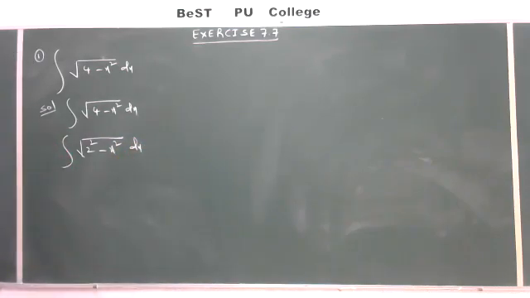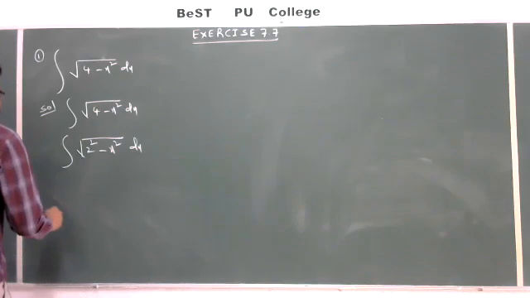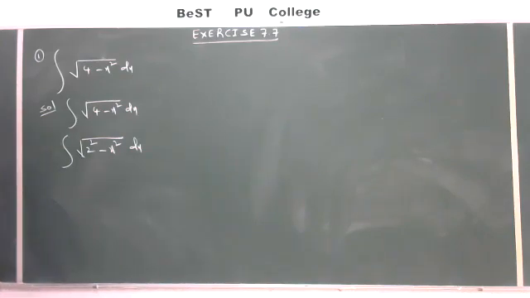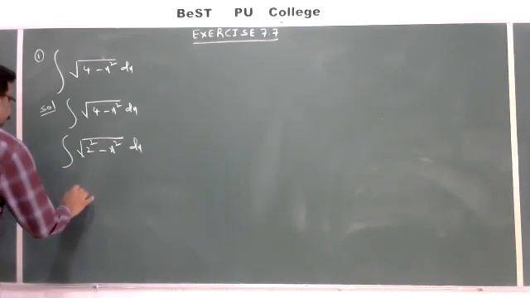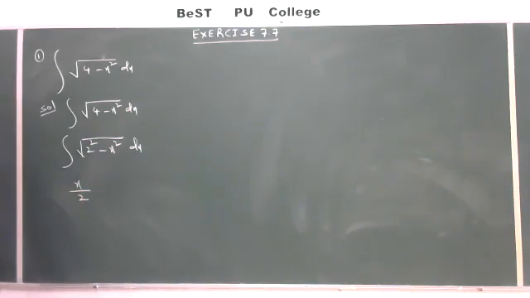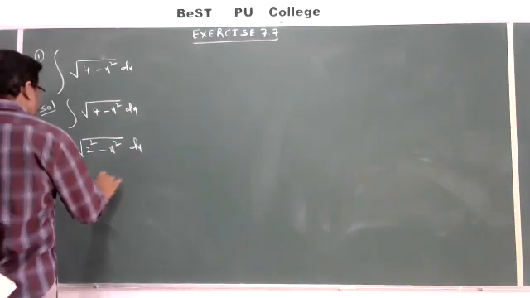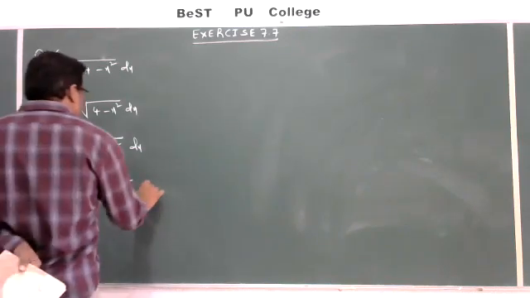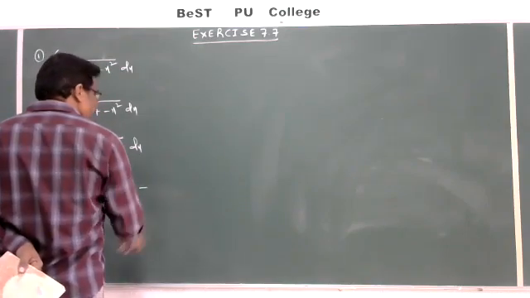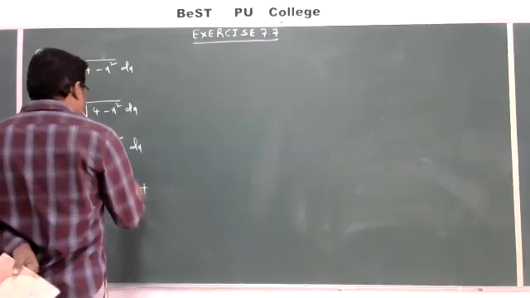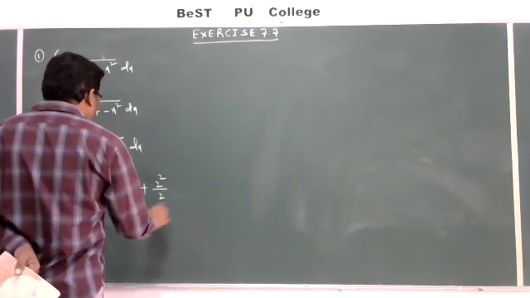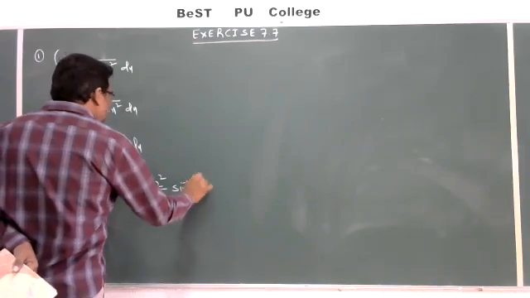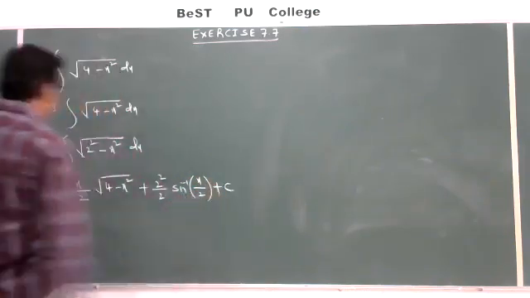Integral root of a square minus x square. So what is the formula? Integral root of a square minus x square dx is x by 2 into root of a square minus x square, plus a square by 2 into sin inverse x by a, plus c, arbitrary constant.